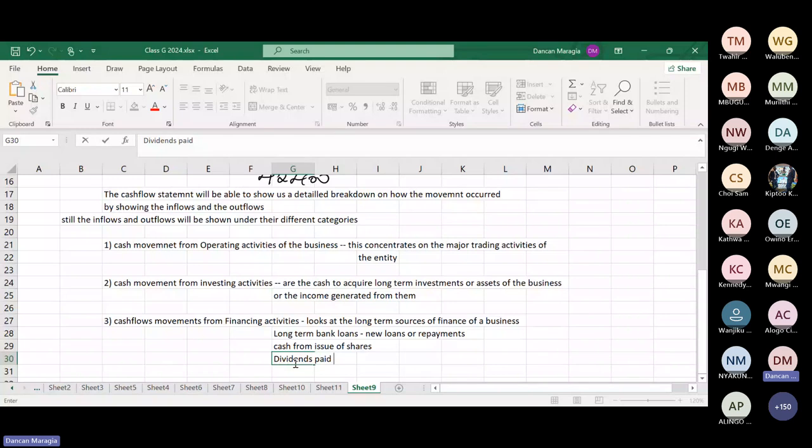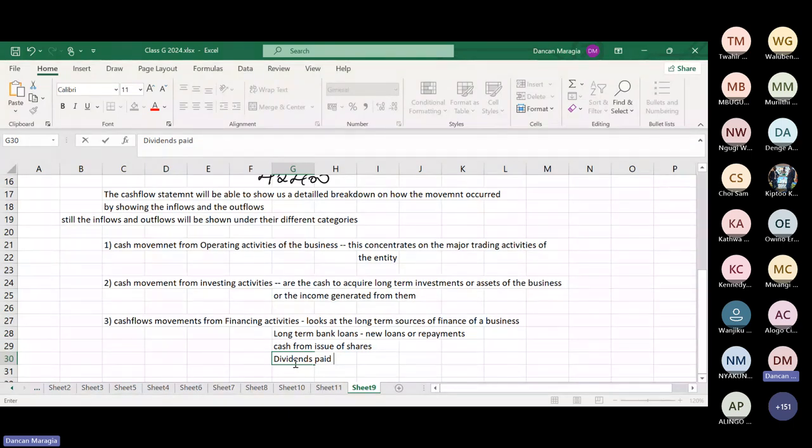So generally, those are the categories under the statement of cash flow, which gives us a breakdown to gauge, if this period the cash of a business has increased by 10 million, we don't want to assume that this business is very liquid and able to generate 10 million.